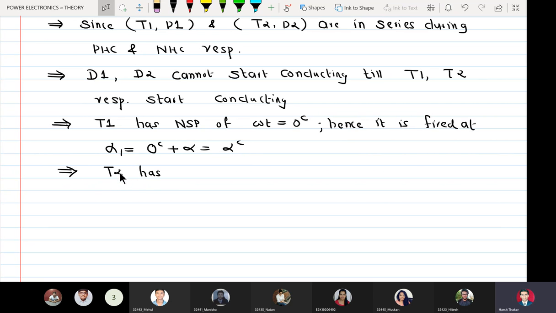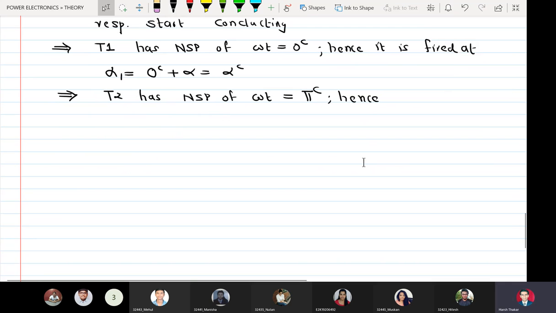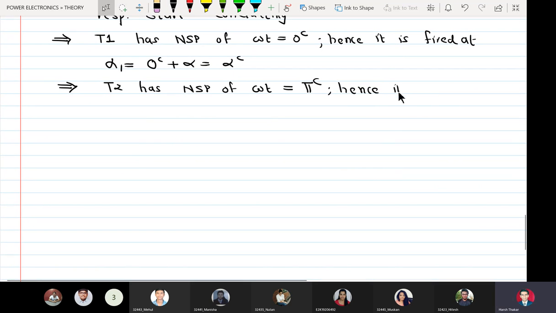T2 has natural switching point of omega t equal to pi radians. Hence, it is fired at alpha 2 equal to pi radians plus alpha radians, equal to pi plus alpha radians.